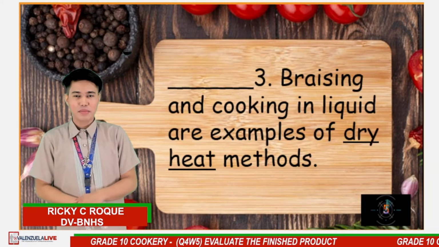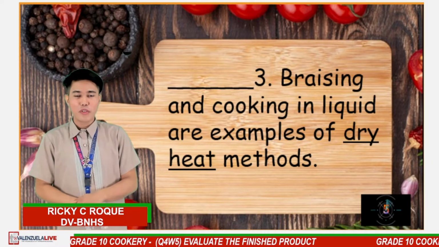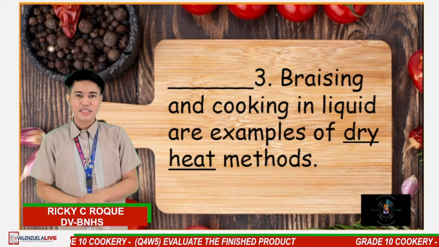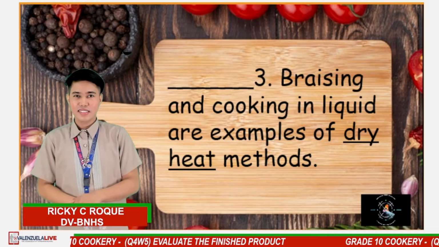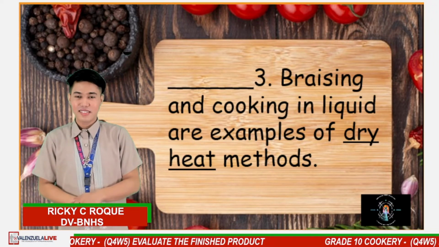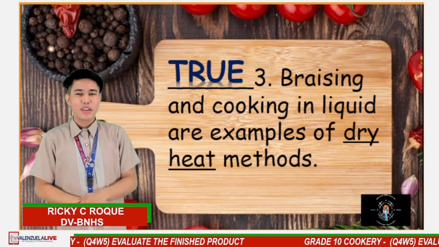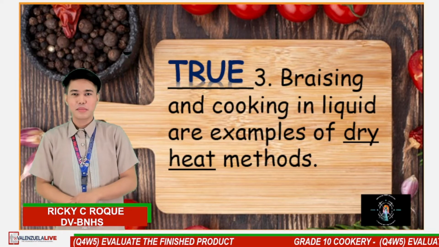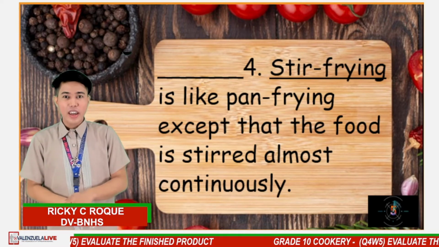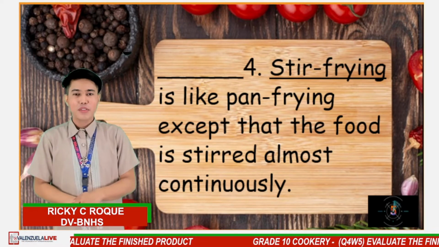Number 3. Braising and cooking in liquid are examples of dry heat methods. For 5 seconds. The correct answer is true. Number 4. Stir frying is like pan frying, except that the food is stirred almost continuously. For 5 seconds.